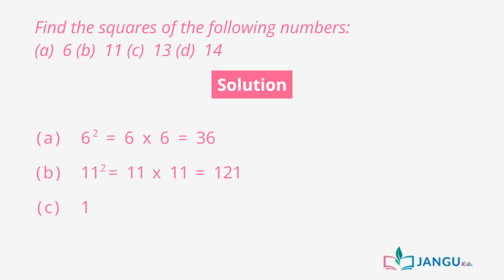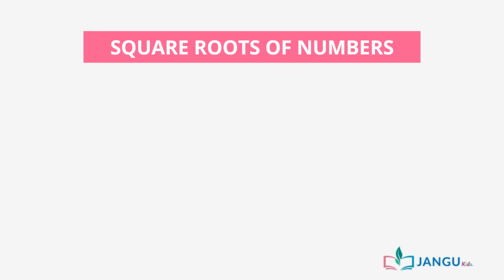C, 13 squared means 13 times 13, which is equal to 169. D, for 14 squared, it means 14 times 14, which is equal to 196.